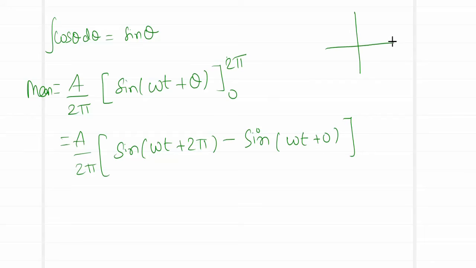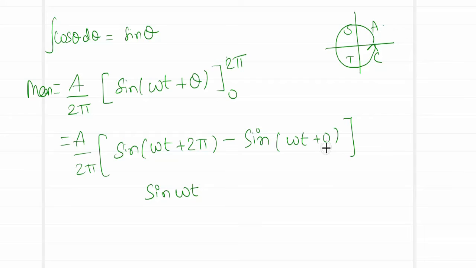One full circle is called 2 pi, when I cover all four quadrants. What will be 2 pi plus theta? It will be in my first quadrant. So what will be sine of omega t plus 2 pi? It will be sine omega t.